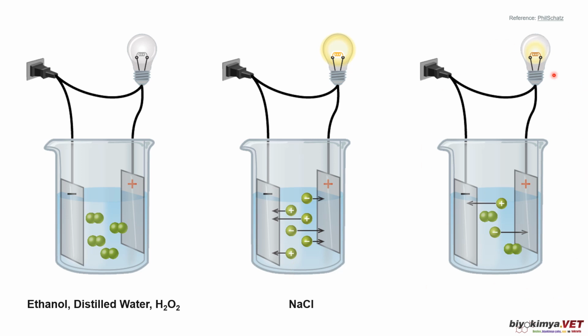But in this example, it is still an electrolyte solution because the light is on, but the intensity of the light is lesser than with the strong electrolyte. As you see, look at the particles, they are partially ionized. So we call them weak electrolytes. An example is acetic acid, or the solutions of organic acids in general, they are weak electrolytes.